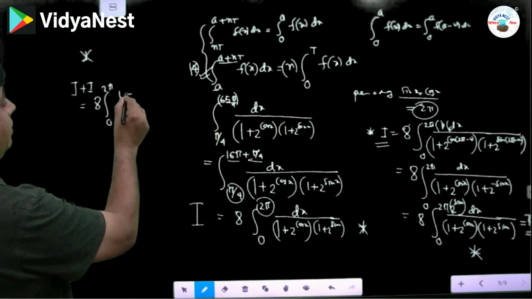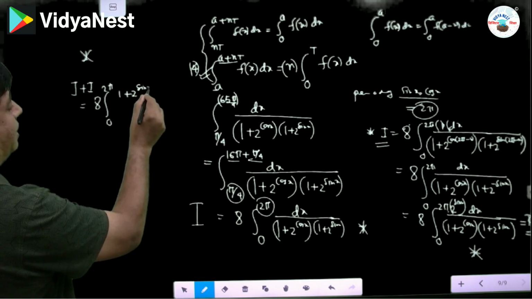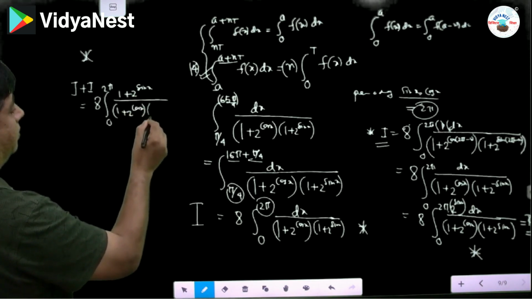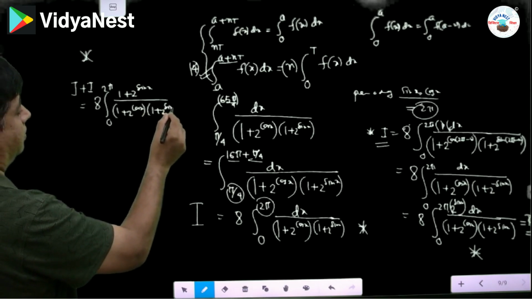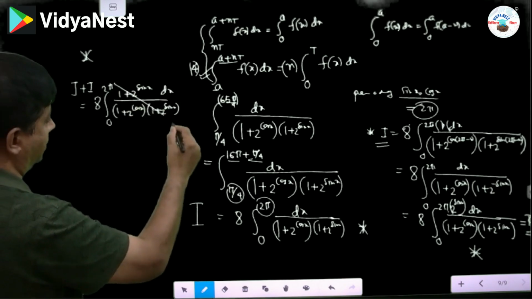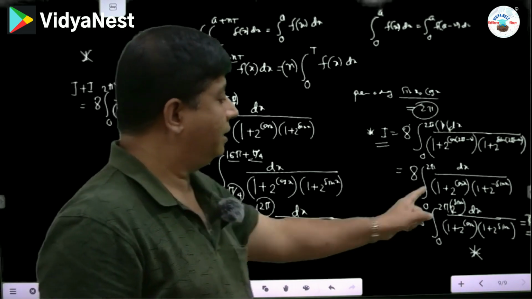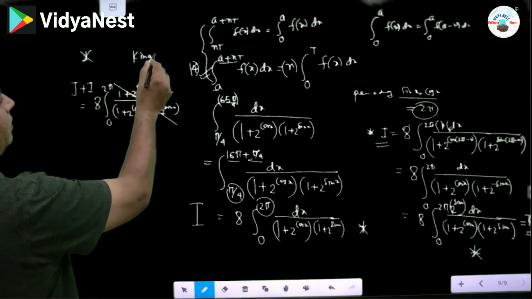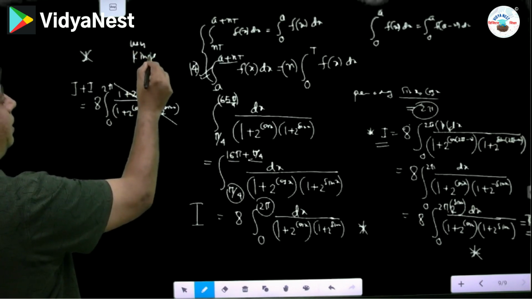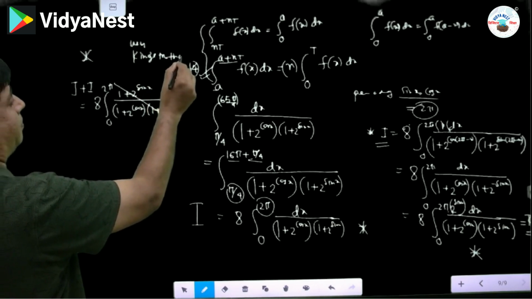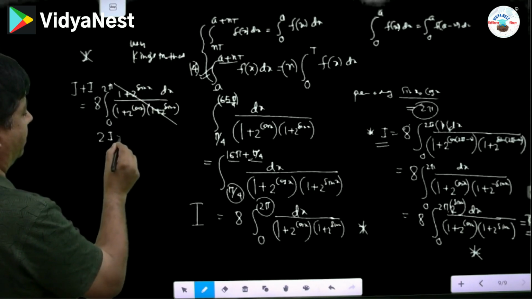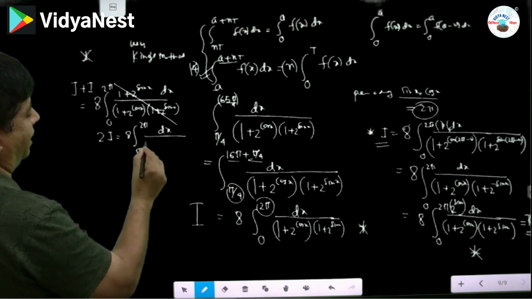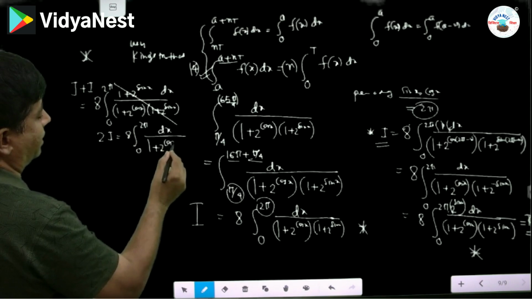So you will get 1 plus 2 to the power sin x cancel. You could have written directly from this step to this step using King's method. That is called King's method. Elimination. 2I, 8, 0 to 2 pi, 1 plus 2 to the power cos x.